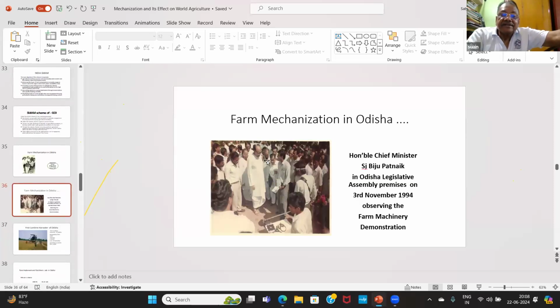And here you see this tall gentleman, most important person for Odisha. This is a farm machinery demonstration on 3rd November 94 inside the assembly premises. Actually, when he came to college and discussed farm implement mechanization, he wanted whatever implements you have, show us.